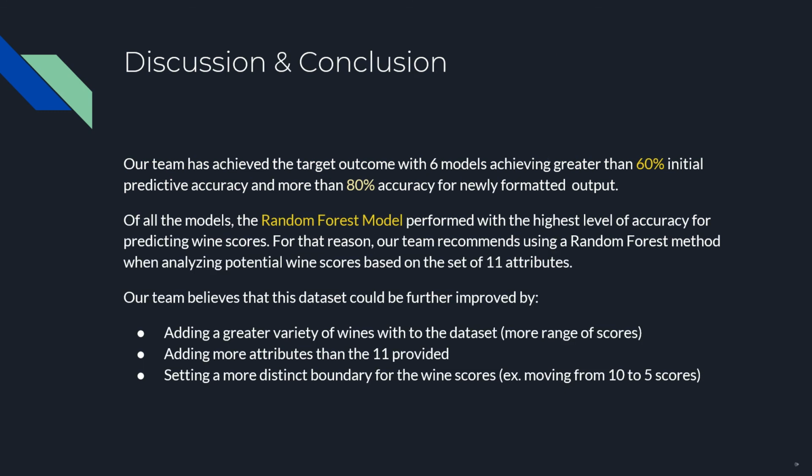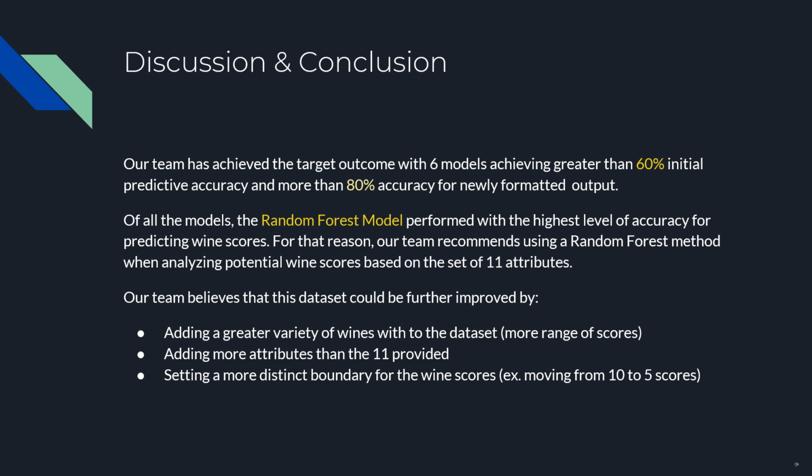In conclusion, the team was able to achieve the target outcome with all 6 models achieving greater than 60% predictive accuracy. Out of all the models that were used in this project, the random forest model is the one that performed with the highest level of accuracy for predicting wine scores. For this reason, we recommend using this method when analyzing potential wine scores based on the set of 11 attributes that were given.